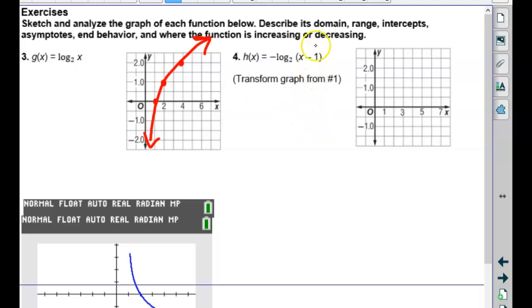Then can anybody tell me, I don't care about all this other jazz they want to know, but can anybody tell me what 2 things happened here? A negative on the whole thing would be reflect over x, okay? Right 1, okay? So if we reflect over x, the shape is going to go this way.